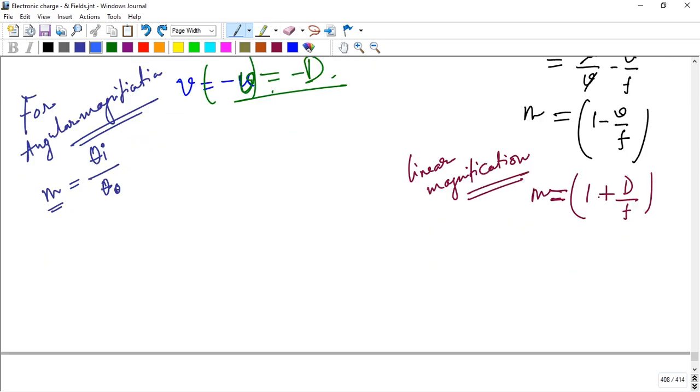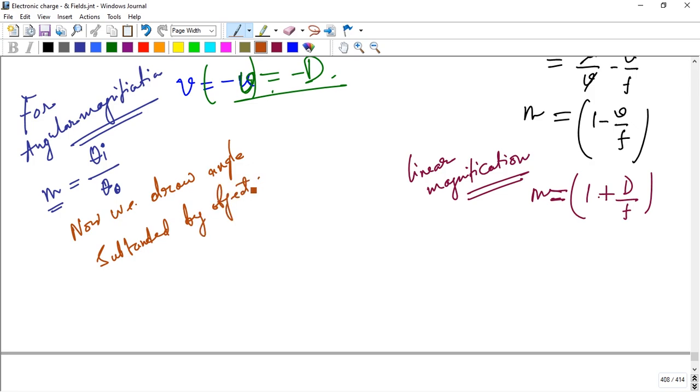So here now we draw the angle subtended by an object.